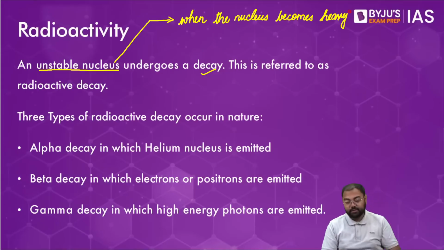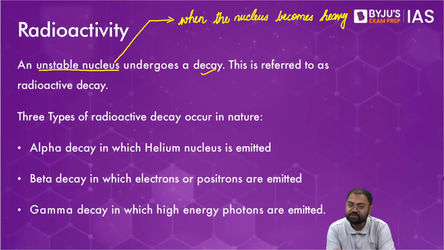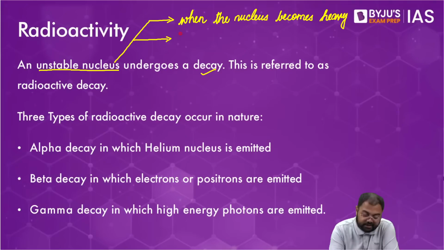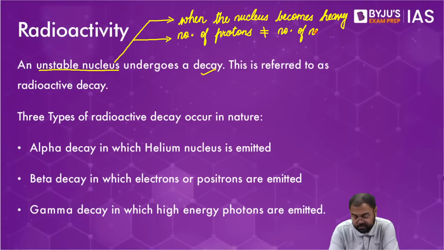That is when the nucleus becomes very heavy, and that is one of the ways in which it can become unstable. The second way is if the number of protons is not equal to the number of neutrons.